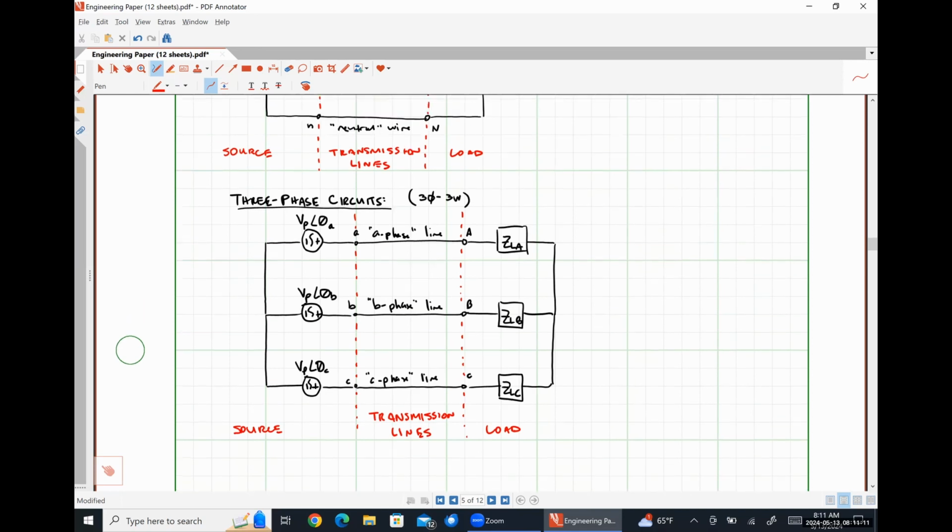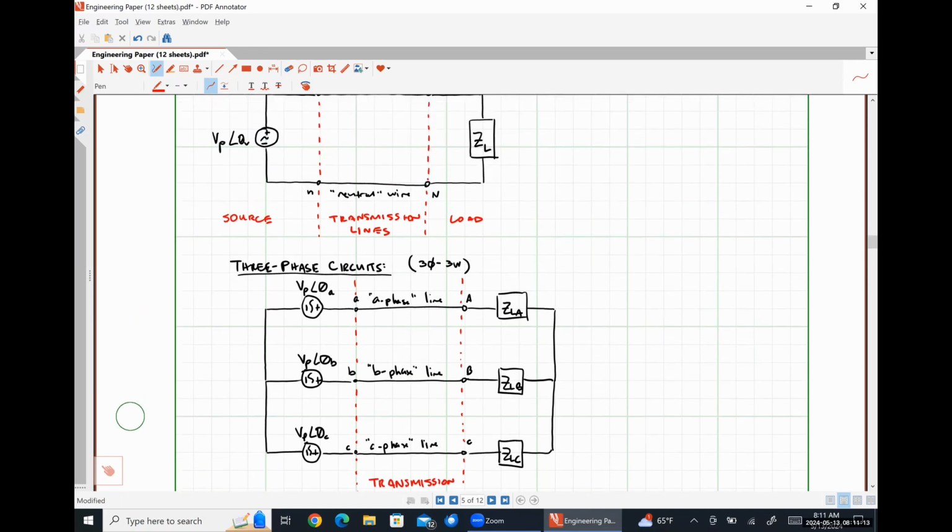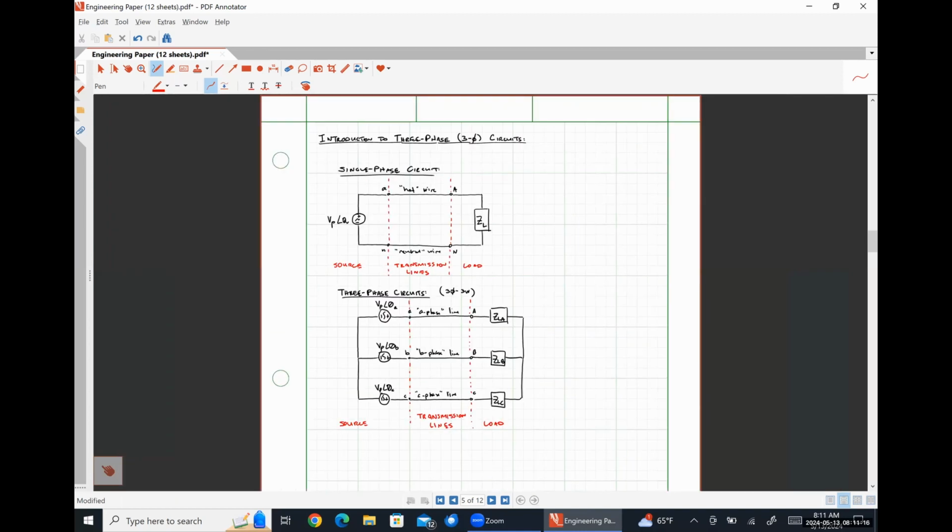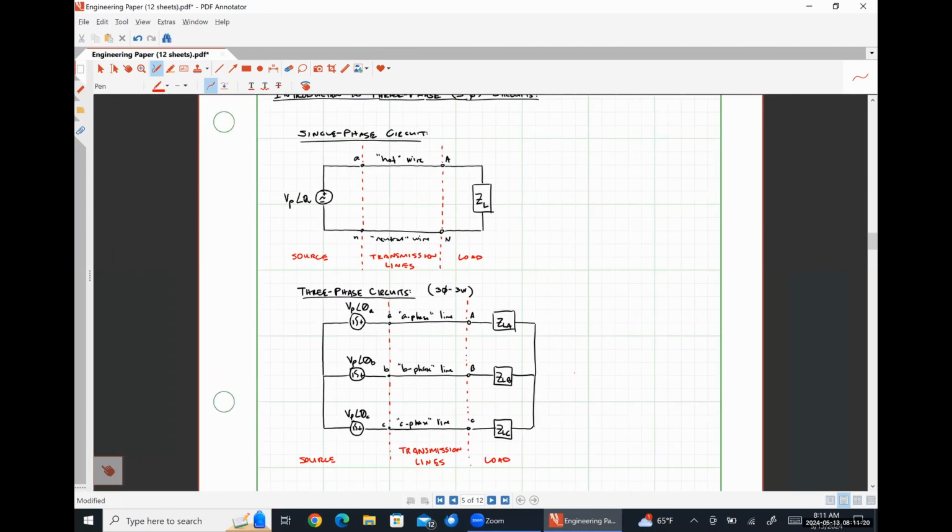If we were to compare, let me try to shrink this a little so we can see them both at the same time. If we were to compare these two systems, they are incredibly similar to each other, right? So why would we ever want to use a three-phase system versus a single-phase system?